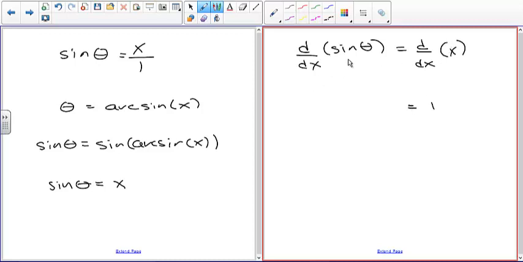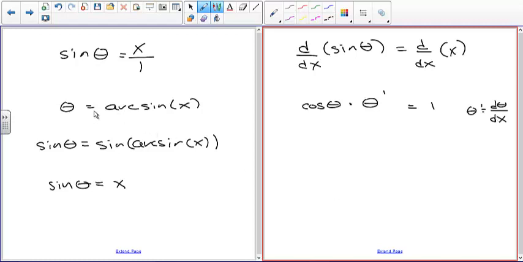And on the right-hand side, we get the derivative of the sine of theta with respect to x. Well, the derivative of the sine of theta is the cosine of theta. And then you have basically theta prime. So you use implicit differentiation. Theta prime is d theta dx.